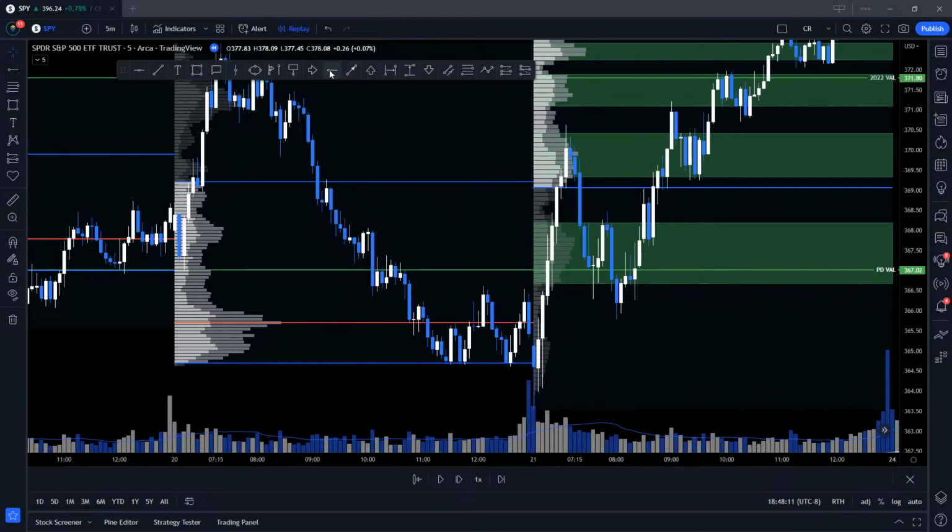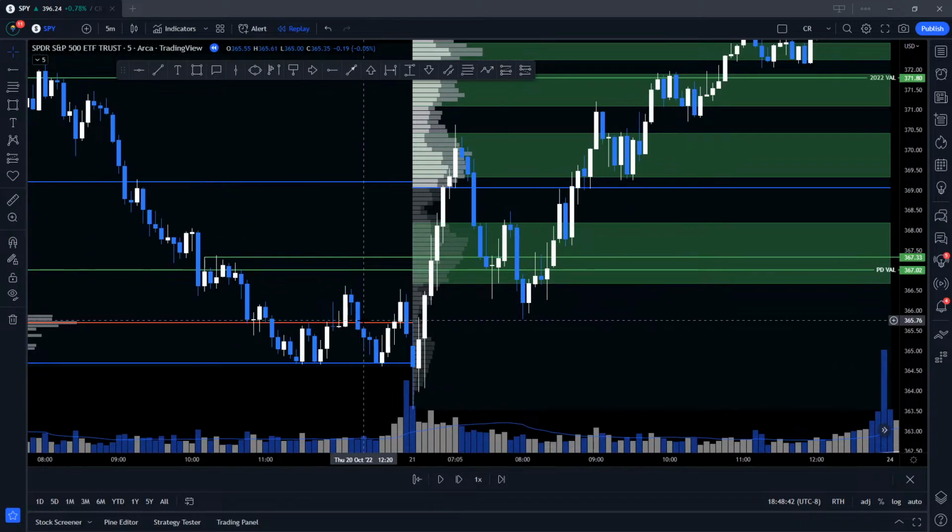This is a little bit sketchy, but I already know that I've got a wick all the way up to this level, right? So there's a chance, if market makers are wanting to fake me out, if I enter short here, there's a good chance, and I would be saying the same thing if I couldn't see this wick, they're going to take price past this wick, because a lot of retail investors are going to say, I'm going to put my stop loss here.